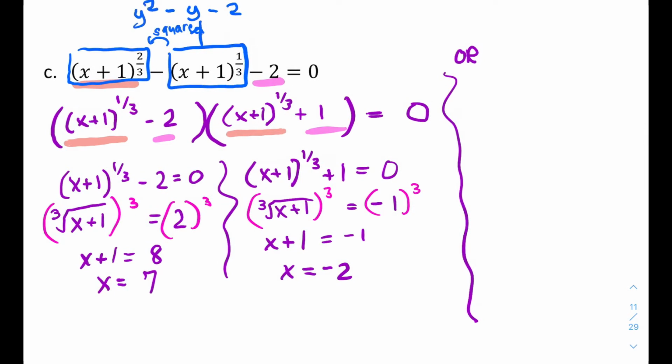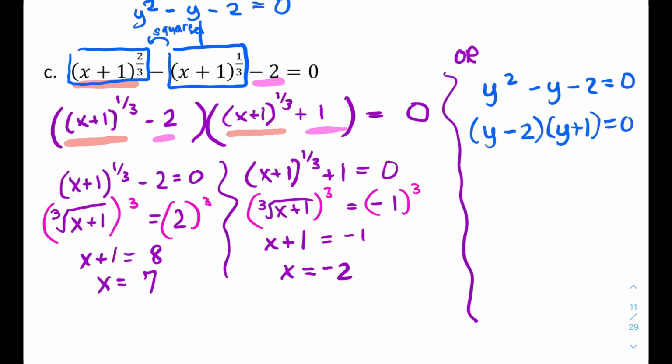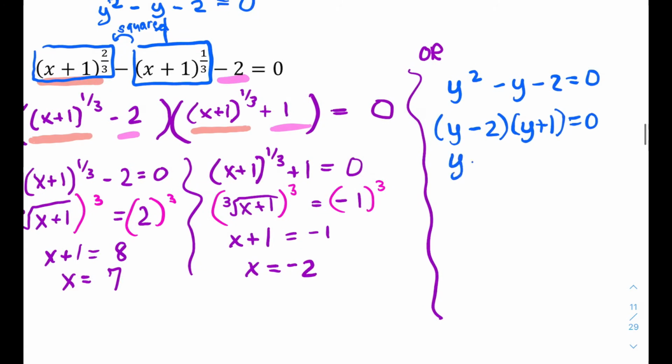And then my first term I know is just that term squared. So I could solve the similar equation, y squared minus y minus 2 equals 0, which I'm going to solve the same way, either by factoring or quadratic formula. So I'll have y equals 2 and y equals -1 when I do that.